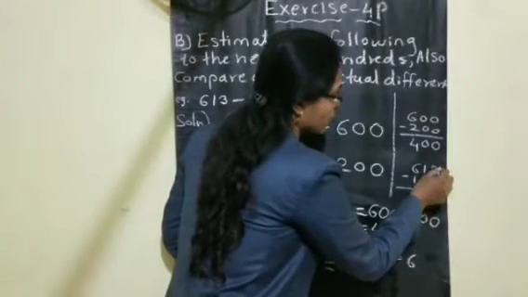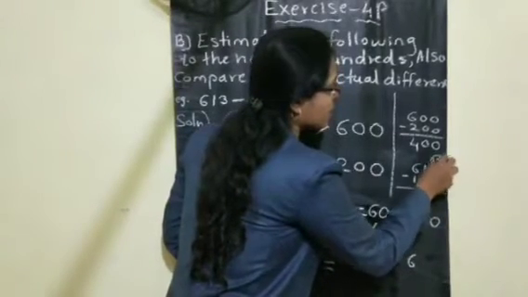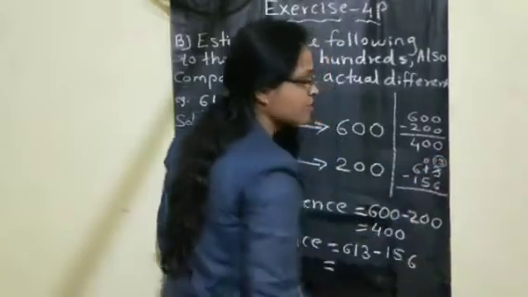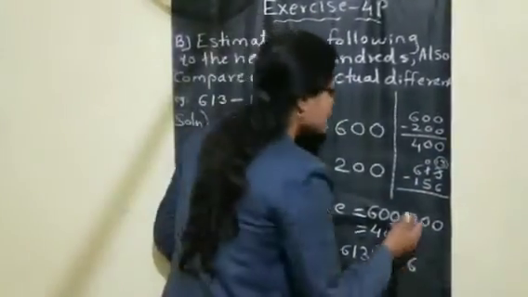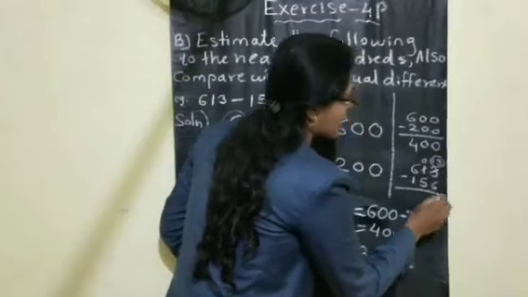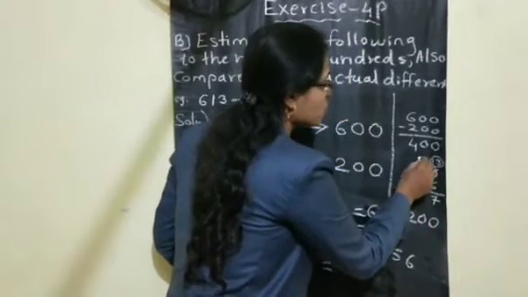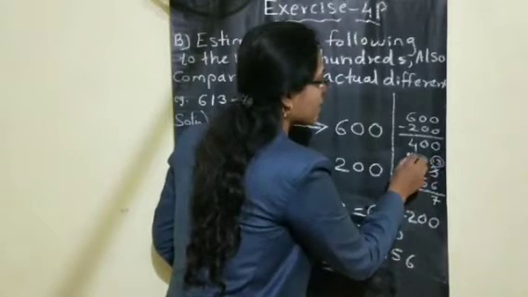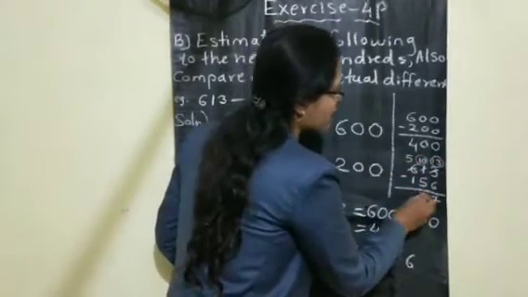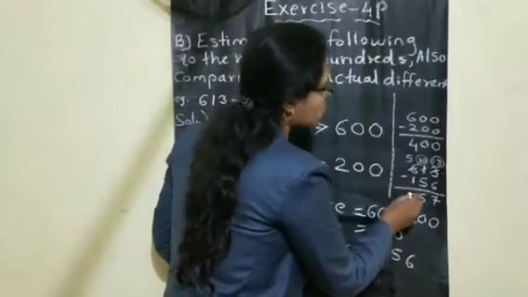No. Then borrow the number. This will become 13 and this will remain 0. Now 13 minus 6, how much? 13 minus 6, 7. Now can you subtract 5 from 0? No. Again borrow from the next number. So here it will become 10 and here it will be left with 5. 10 minus 5, 5. And here 5 minus 1, 4.